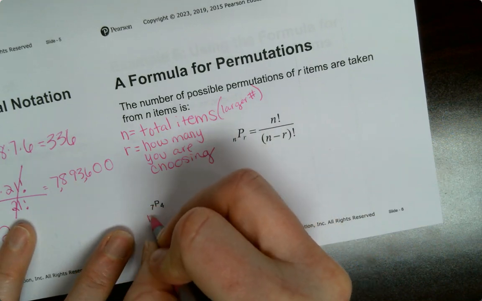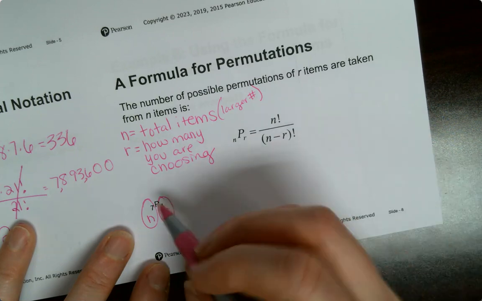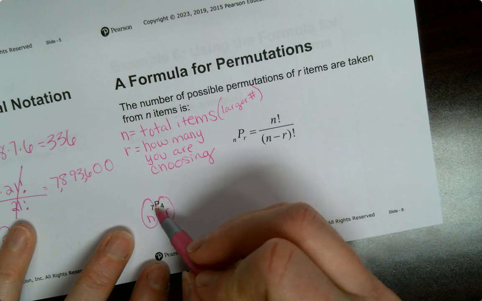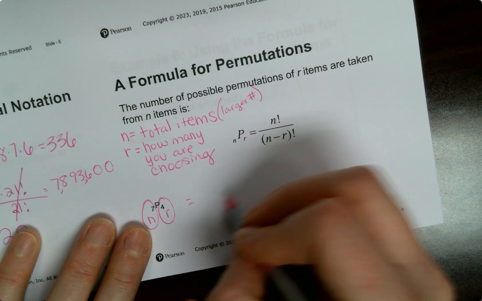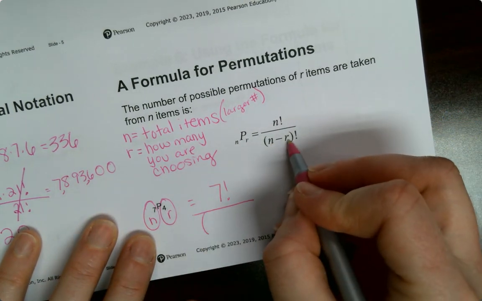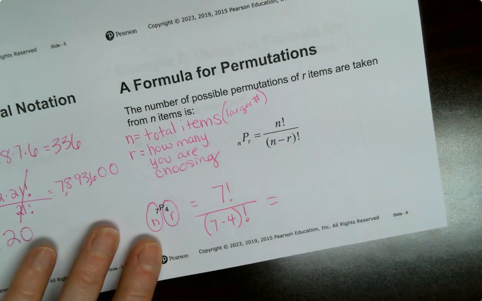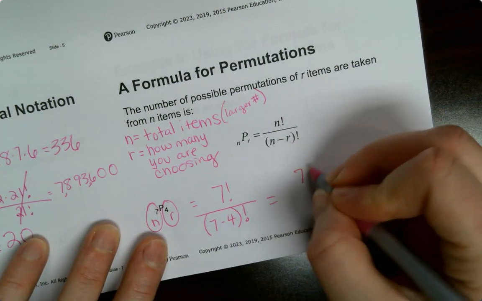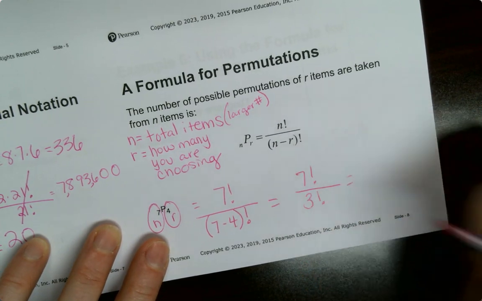So in this case, N is 7, R is 4. The P represents a permutation. When we do the next section, we'll have a C here, and that represents a combination. So we're going to do N factorial, so 7 factorial over 7 minus 4 factorial. 7 minus 4 is 3 factorial.